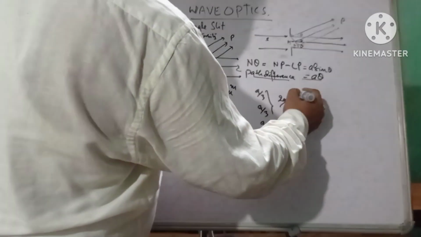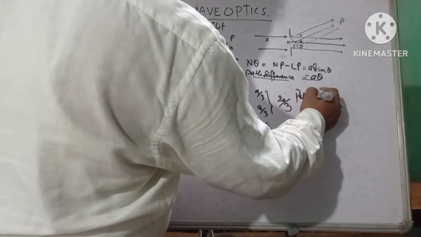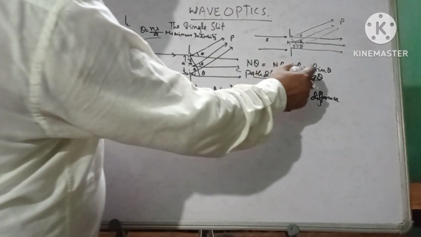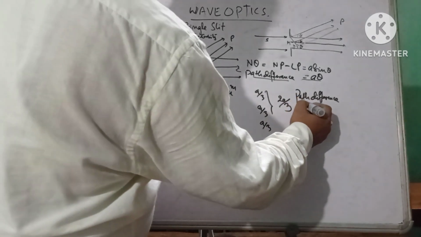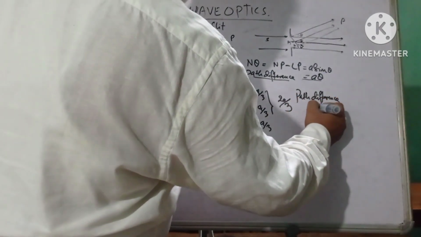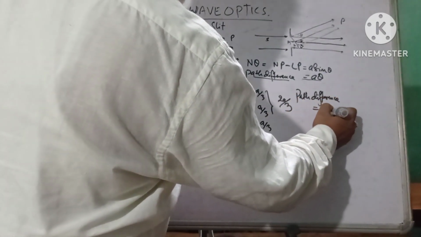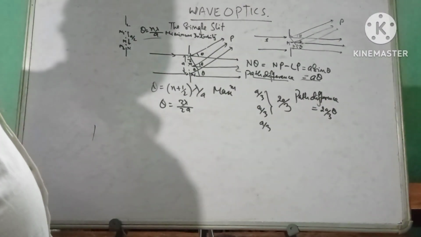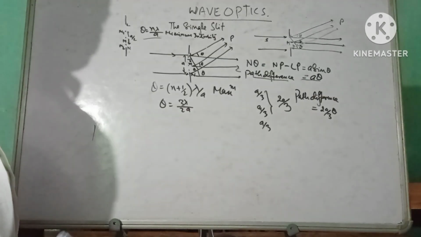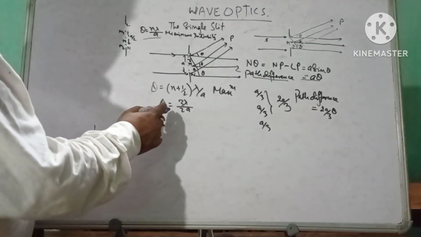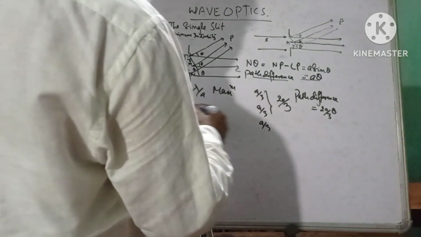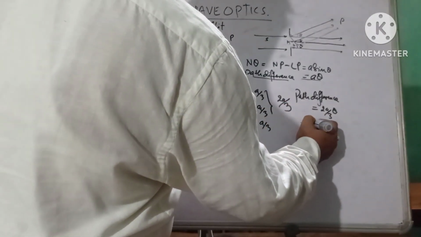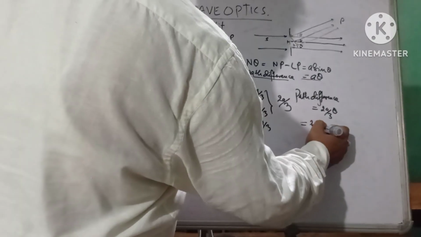So what is your path difference? Your path difference is slit width into theta. So the path difference will be slit width 2a by 3 into theta. Here theta is 3 lambda by a, so I place it here: 2a by 3 into 3 lambda by a.